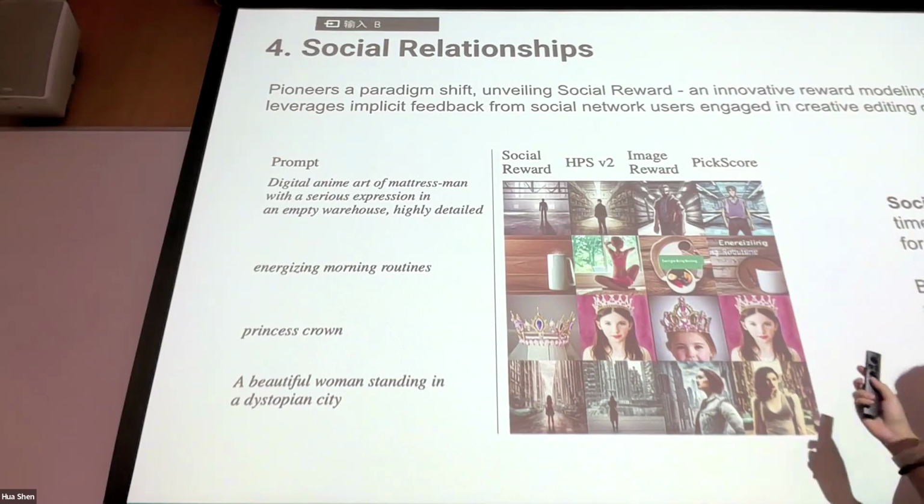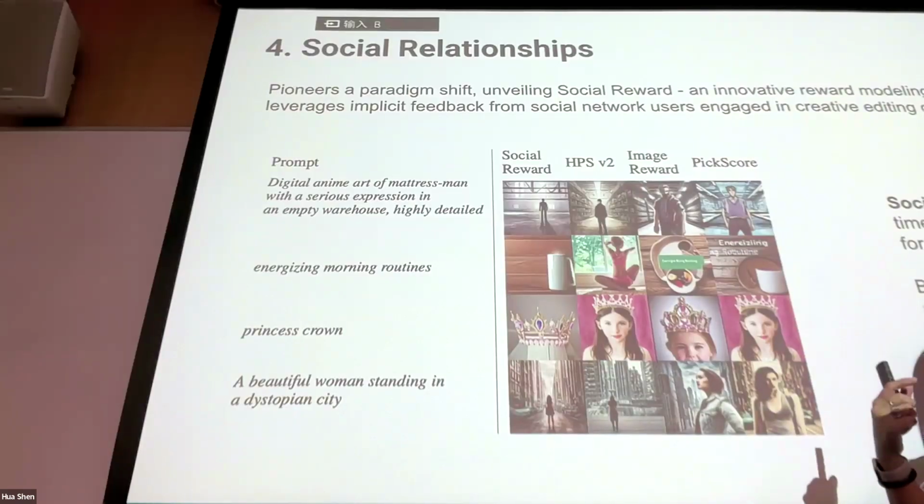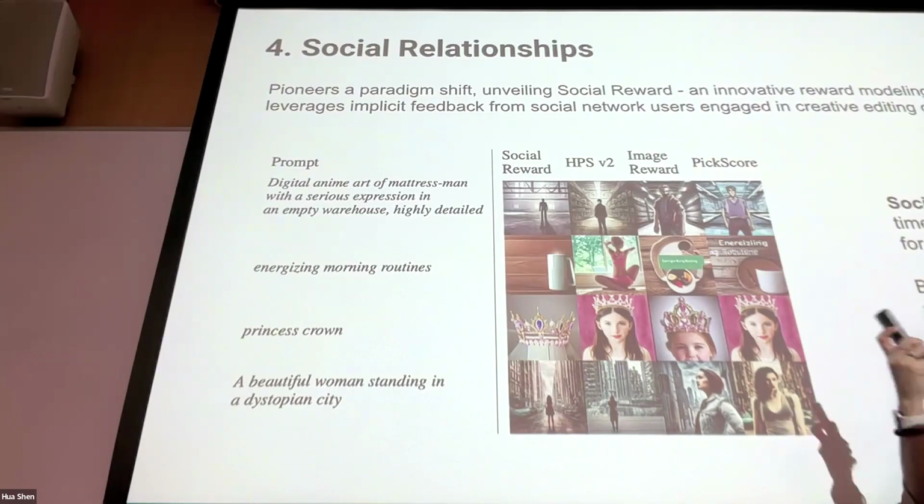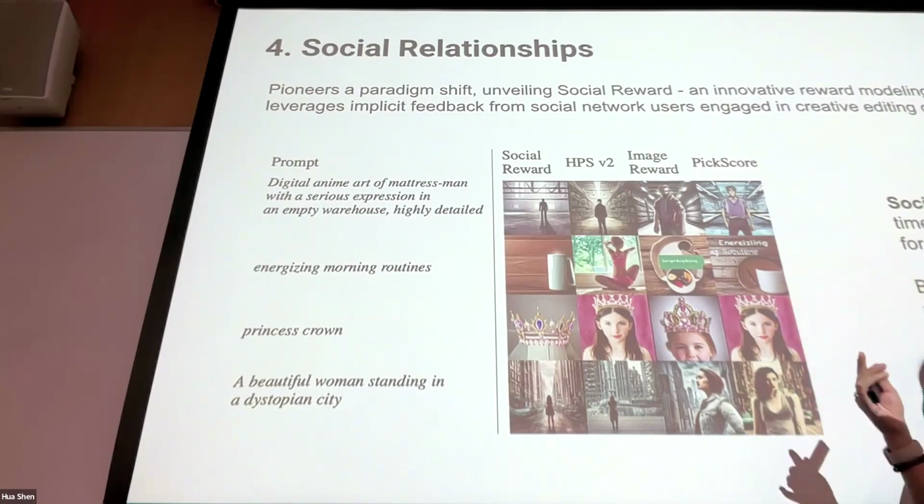But their key argument is that if we consider the online social community and humans' feedback on a specific item, it actually shows the group's reward or the group's preference for that object.